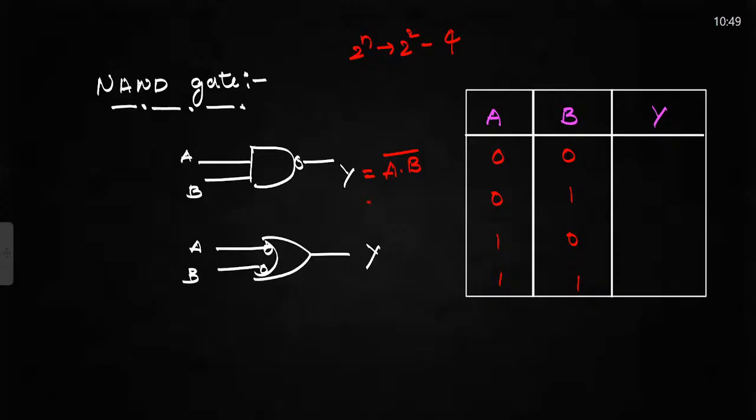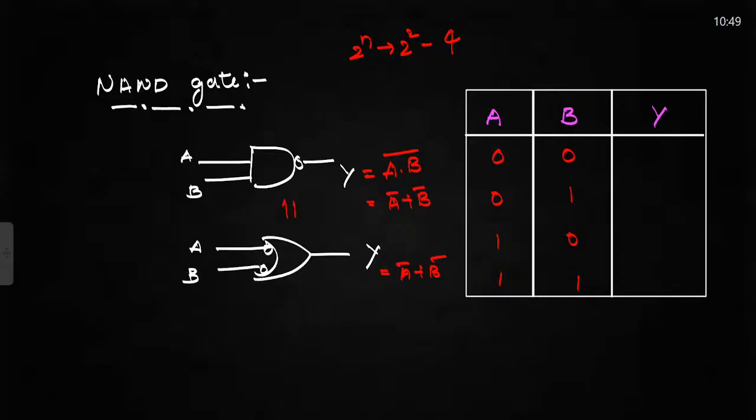When you break the line, that is equal to A bar plus B bar. That is why we say these two are equal. When you observe the NAND gate, you will get output high when either of the inputs is 0. If one of the inputs is 0, then you will get output as 1.